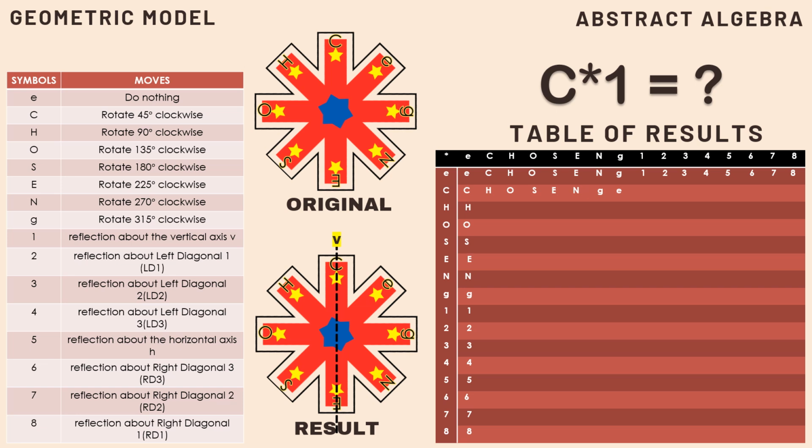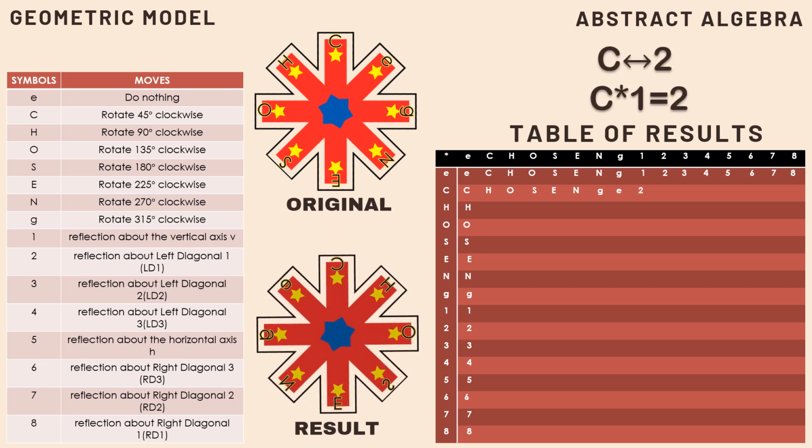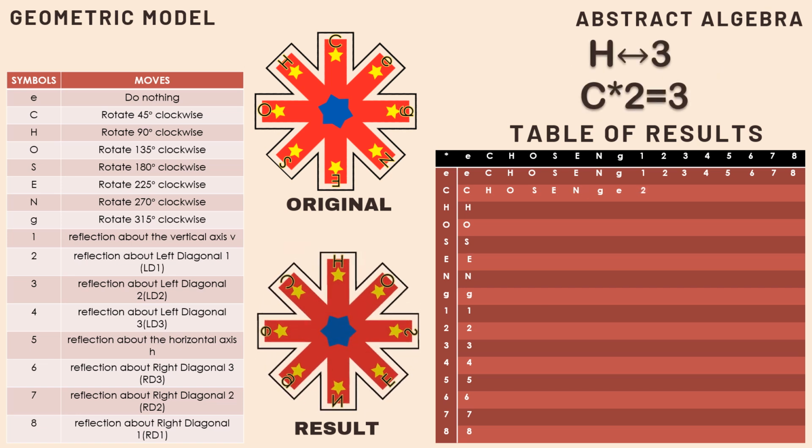C star 1 is C. Since C maps to 2, then C star 1 is 2. C star 2 is H, since H maps to 3, then C star 2 is 3.